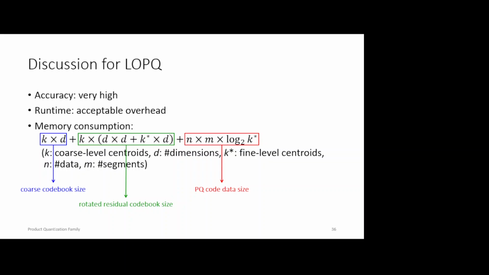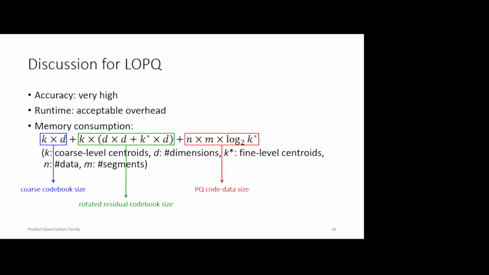And the second part is called the rotated residual codebook size. For each cluster we have applied OPQ individually, right? So for each cluster you have to store the rotation matrix D by D. Remember, D is the number of dimensions.